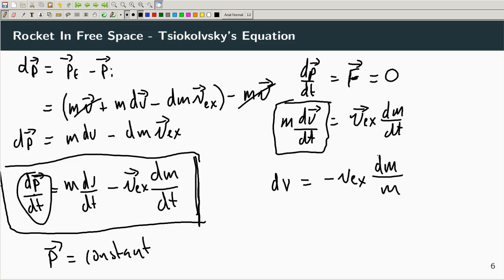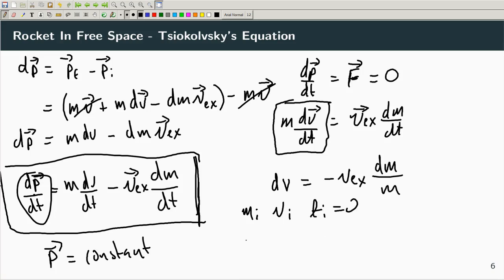like so. Now, take the initial mass m sub i and the initial velocity v sub i to be at some initial time t initial, which is usually just set at 0.